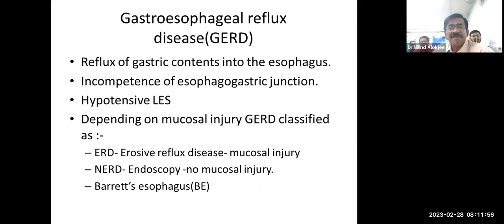So what happens in GERD? There is reflux of gastric contents into the esophagus because of incompetence of the esophagogastric junction. The lower esophageal sphincter becomes hypotensive as it is not contracting properly.